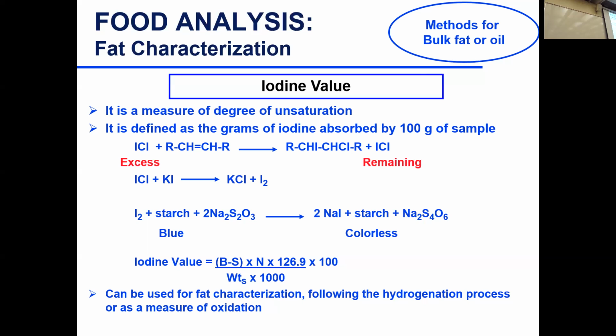You have the volume times the normality of sodium thiosulfate. And here you have the molecular weight of iodine. And this is the weight of your sample, because you have to remember it's grams per 100 grams. So we divide by the weight of the sample and multiply by 100 because it's 100 grams. Now, why do we divide by 1,000? Who remembers? Madison.